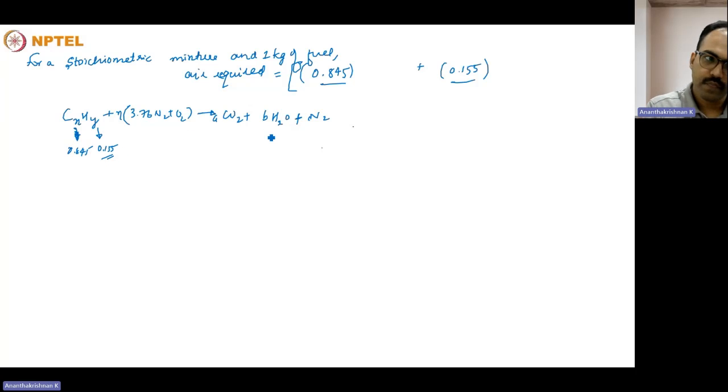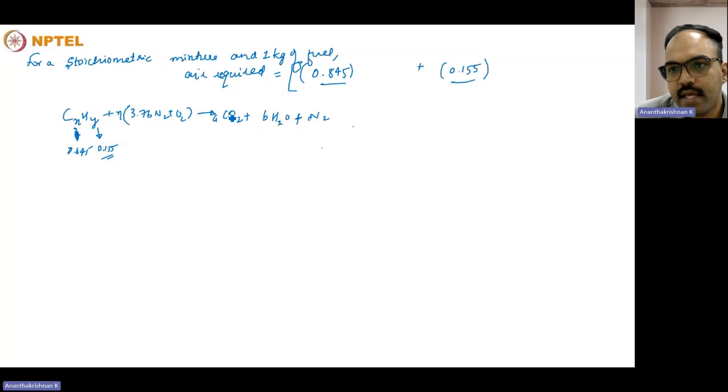So for every 0.845 carbon, the mass of oxygen in the product will be 32 corresponding to O2, and 0.845 is the mass of the carbon in kg. You have to divide by 12, which gives the number of moles, multiplied by 2 times oxygen's atomic mass, 16. That gives the mass of oxygen present in the carbon dioxide.